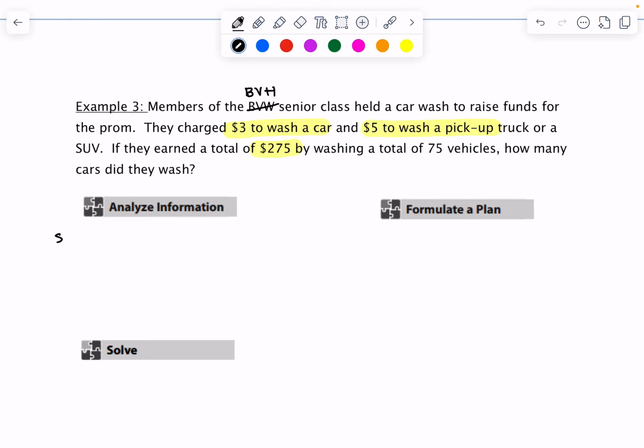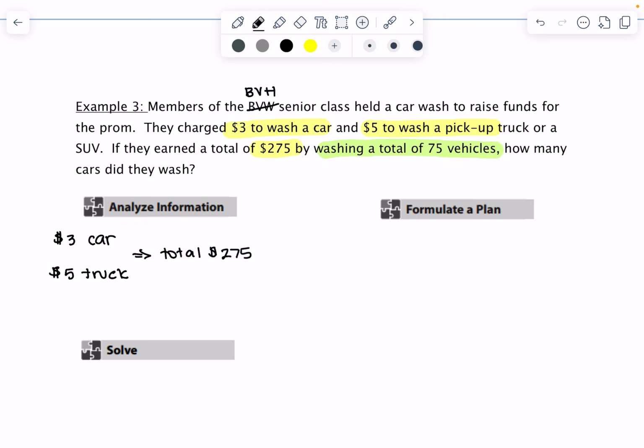I'm going to say it was $3 per car. It was $5 per truck for a total of $275.